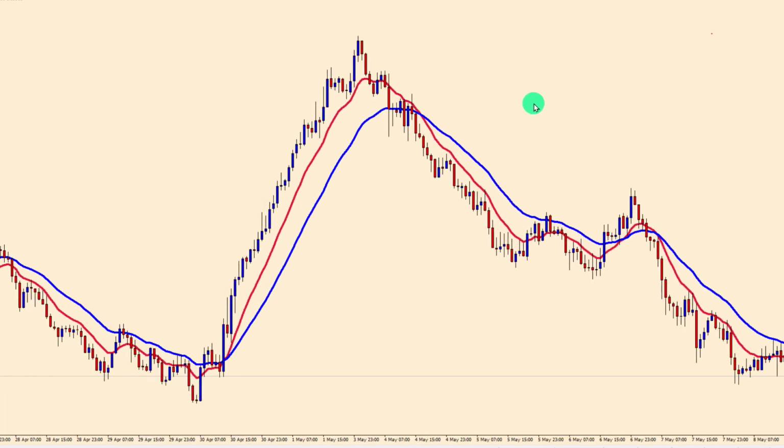Now this blue becomes the filter for trades. So how this filter works is that as long as the candle or the price is above this blue line, you can only enter buys.